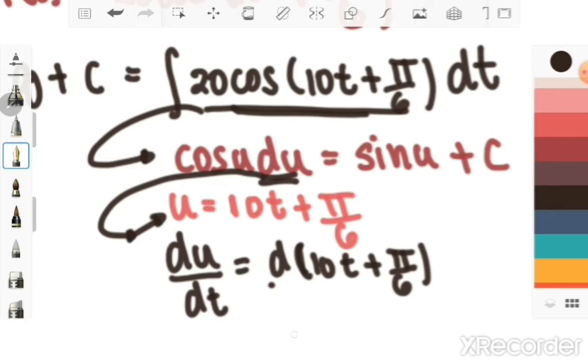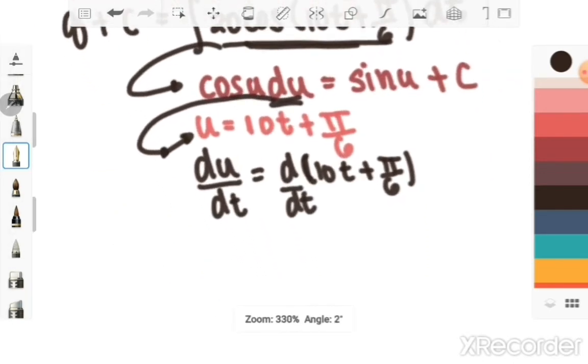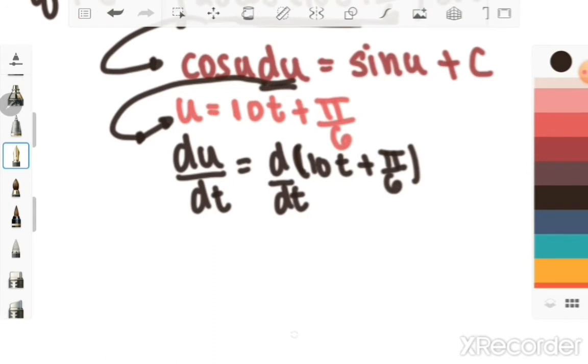So, du over dt is just equal to the derivative of 10t, which is equal to 10, because the derivative of a constant multiplied by a variable is always equal to the constant multiplied by the derivative of the variable.